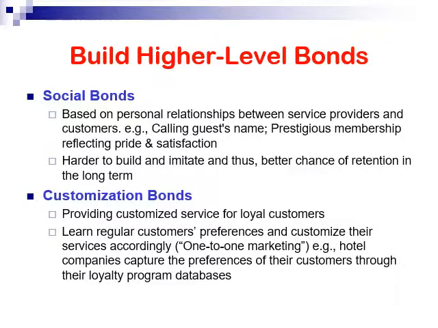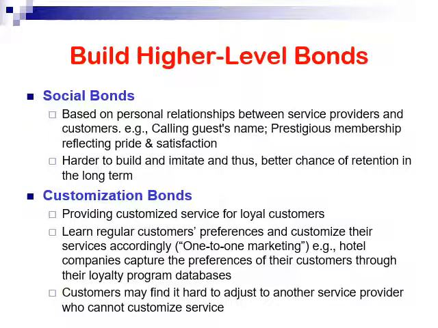Customization bonds: customers may find it hard to adjust to another service provider who cannot customize service. If you are excellent in customization and you know customers' needs and wants, and customize service for customers, and they like that kind of service, it's very difficult for them to change service provider.